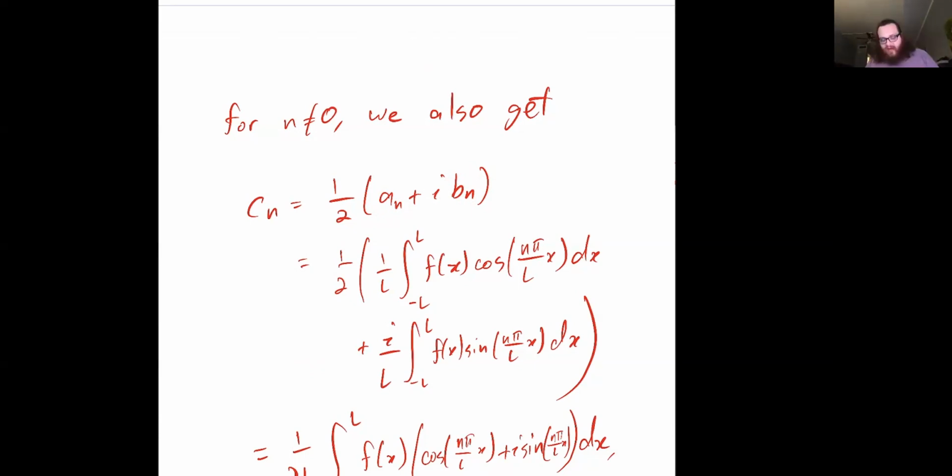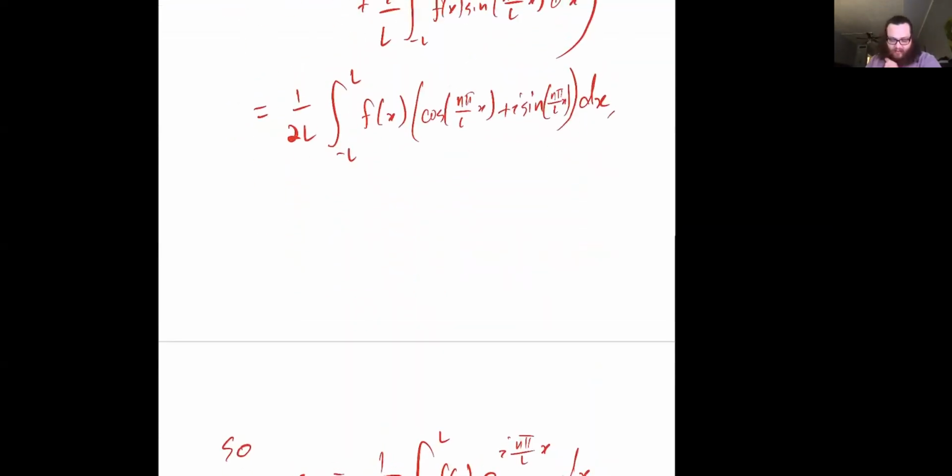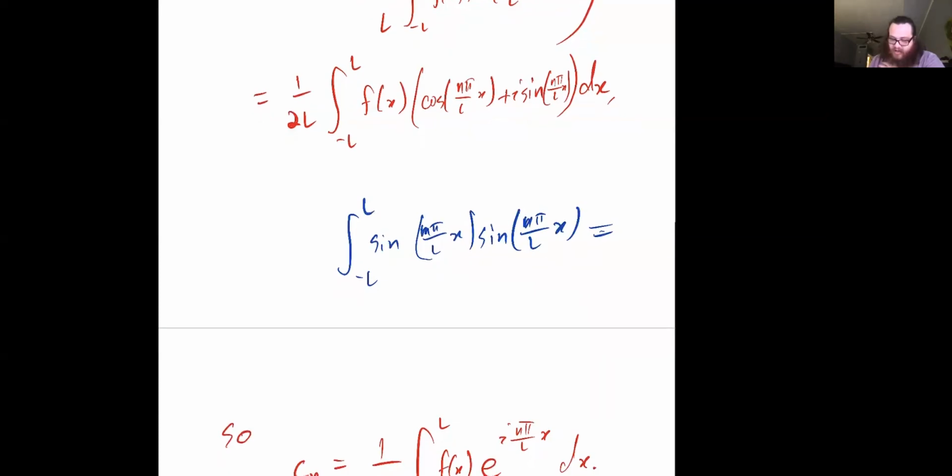All of that hinged on the identity, say, the integral from minus L to L of sine of m pi over L x times sine of n pi over L x. This was equal to 0 if n and m were different.